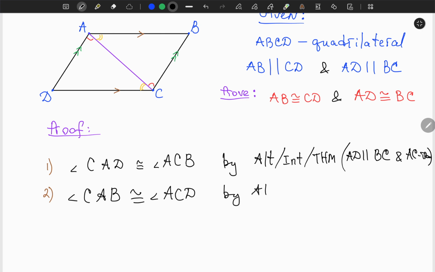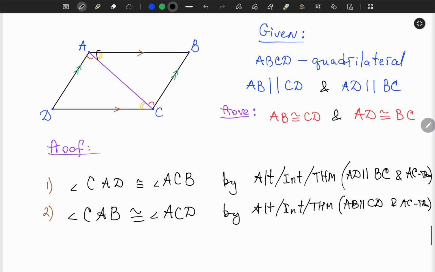Same story, by the alternate interior angle theorem, and in this case AB is parallel to CD, and of course AC is transversal. All right, we have these two angles.